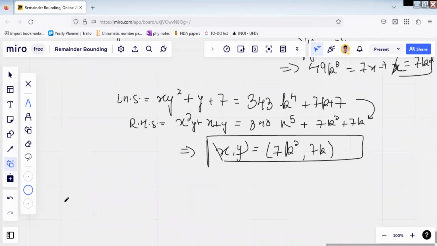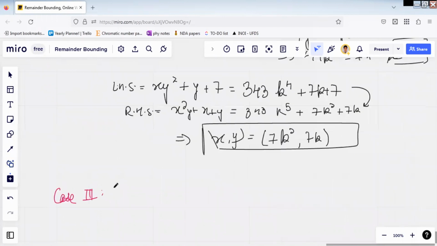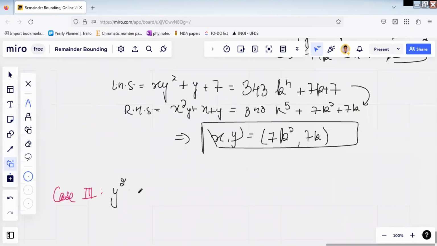The last case, you should try on your own, is when y square minus 7x is less than 0.